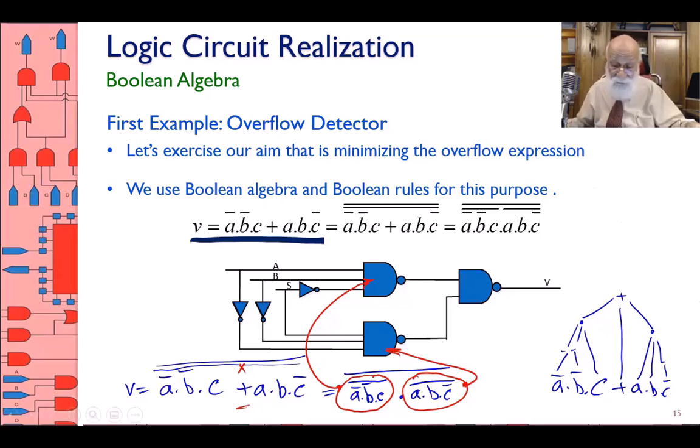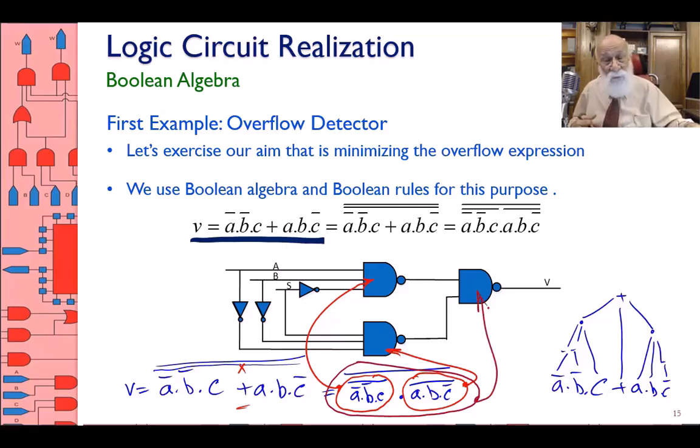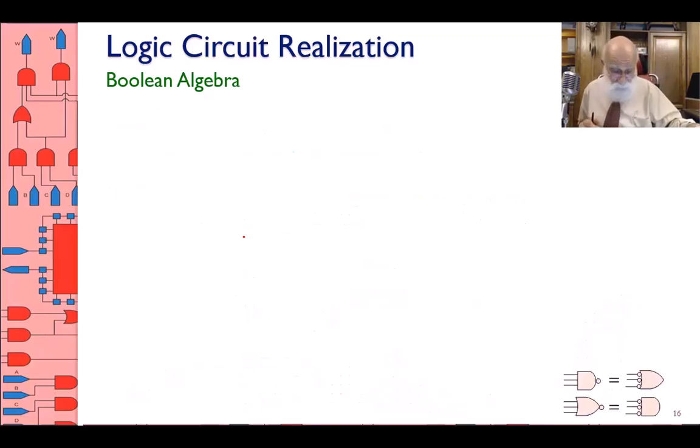It says that the two red circles are NANDed together like that. Because they're ANDed, and then there is a bar, that means a NAND, and therefore you change this to an AND. What did I do? I used the first rule and the second rule, without having to do ad hoc methods, and turned my circuit into a NAND circuit. A simple example using only two of the rules of Boolean algebra.